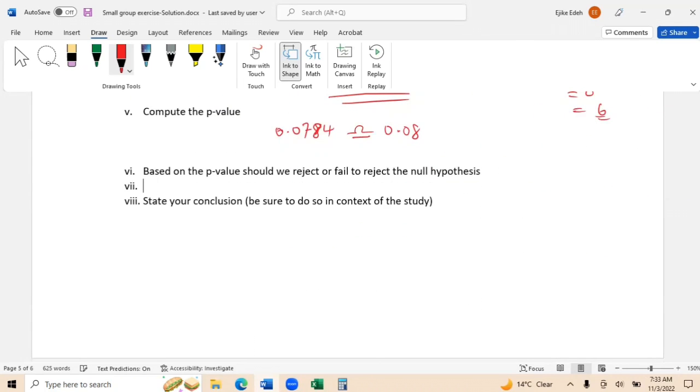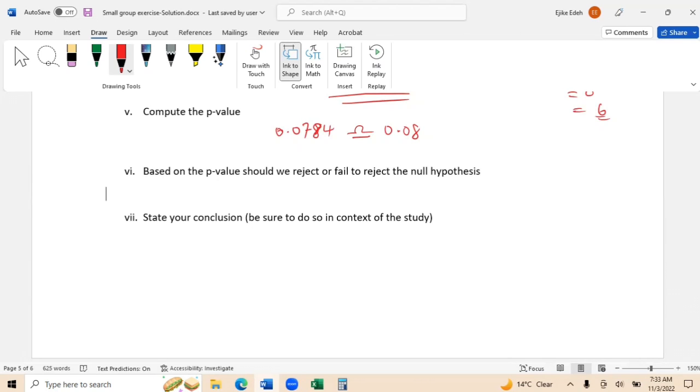Then we go ahead and answer the next question. It says based on the p-value, should we reject or fail to reject the null hypothesis? Okay, so here we know that our p-value is greater than, is it greater? It's less actually. Remember? Okay, so let me write this in full.